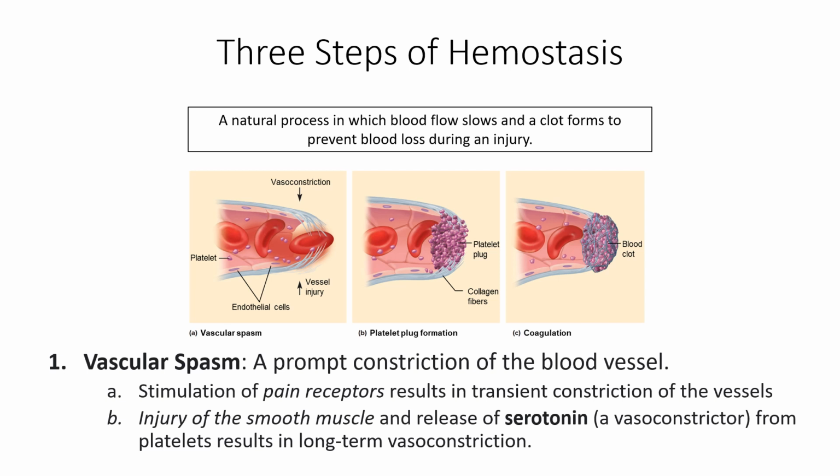A blood vessel is cut. Injury occurs, cuts the blood vessel. And as a result, the blood vessel immediately constricts. The smooth muscle in that blood vessel, because of the stimulation of pain receptors, constricts.